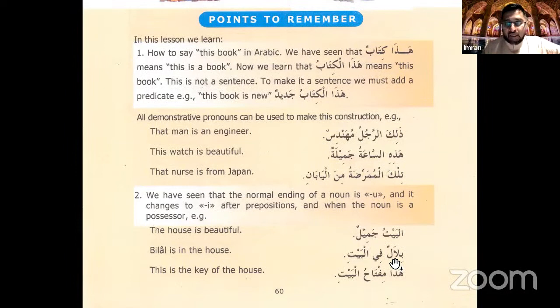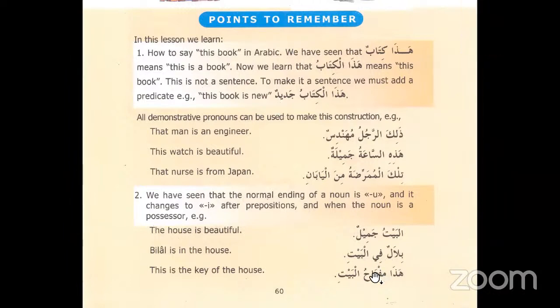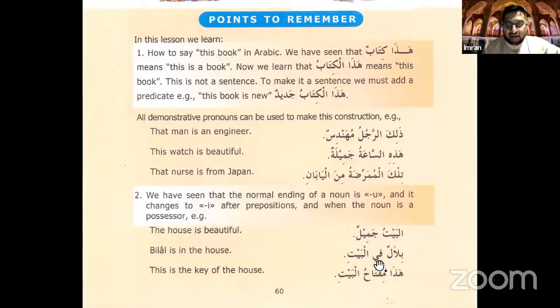Bilalun. Now Bilalun is a proper noun, the name of an individual, and it's coming as the mubtada, the subject, fil bayti. Now, fil bayti. What type of noun or particle is fi?